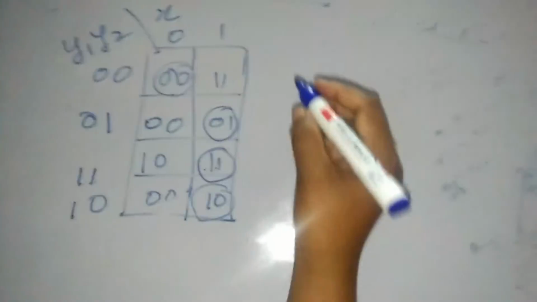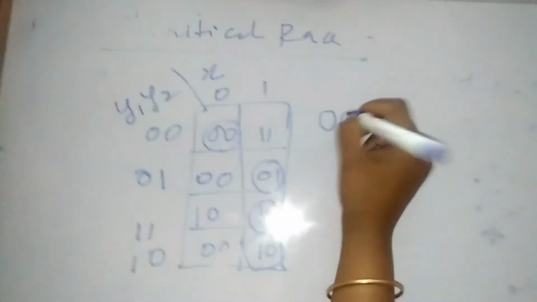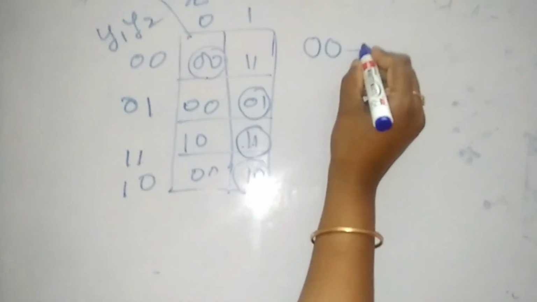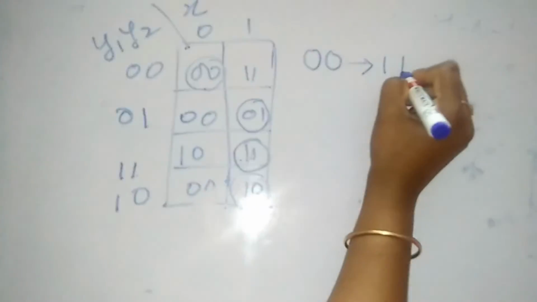Now let me check for the race condition. I'll consider the input 0 0. When I consider 0 0, let me take a change in y1 and y2 as 1 1.